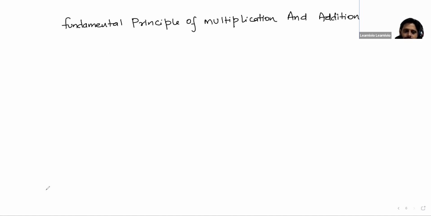Now we will take an example to understand this concept. So please note down the question and try to solve it.